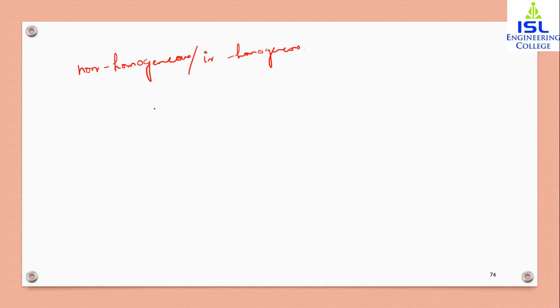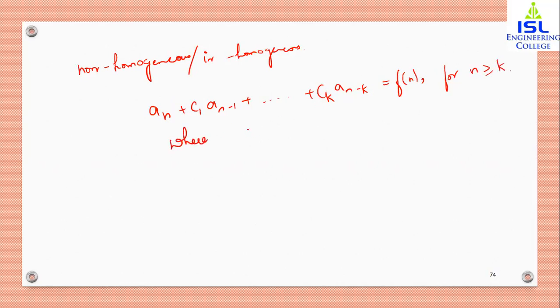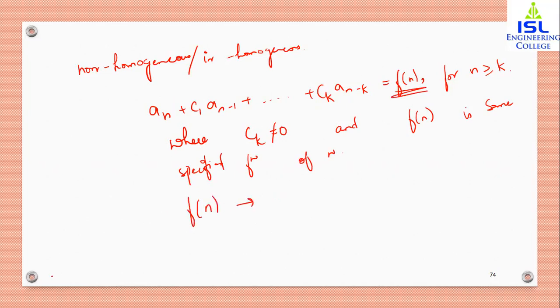Then if the recurrence relation is given as an plus c1 an minus 1 plus and so on up to ck an minus k is equal to f of n for some n greater than or equal to k, where the coefficient ck is not equal to 0 and f of n is some specified function of n, then f of n is called the forcing function of the inhomogeneous recurrence relation.